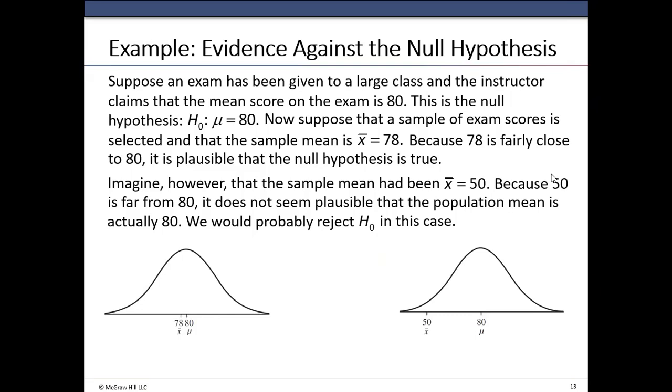If we make an educated guess of the population mean as 80, how come the sample mean is coming out at 50? There is too much difference between the sample mean and the hypothesized population mean of 80. Therefore, most likely the value we guessed in the null hypothesis is not true, and we are going to reject the null hypothesis in this case.